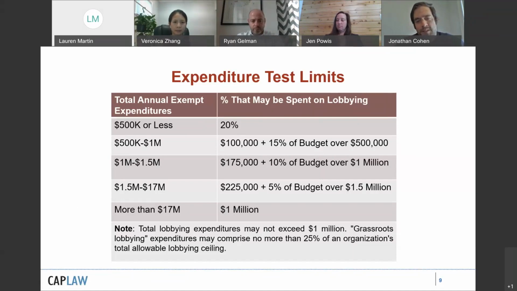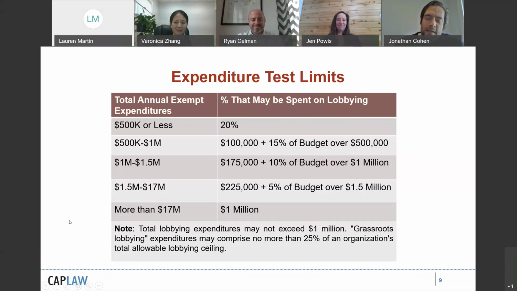Grassroots lobbying is attempting to influence legislation by affecting the opinions of the general public with regard to that legislation. There is a limit on the amount of grassroots lobbying you can do within the lobbying allotment that you have per year: 25%. So keep in mind the differences between those types of lobbying and the limits specifically on grassroots lobbying within those limits. Hopefully that makes sense.